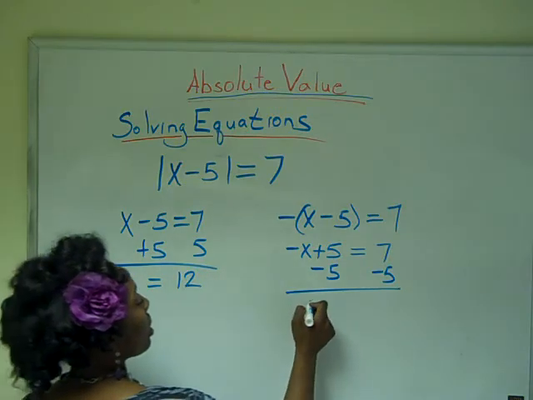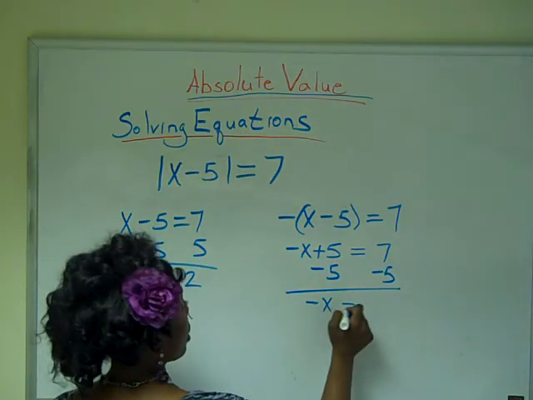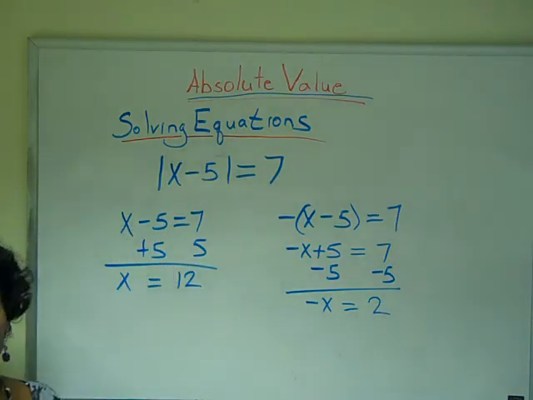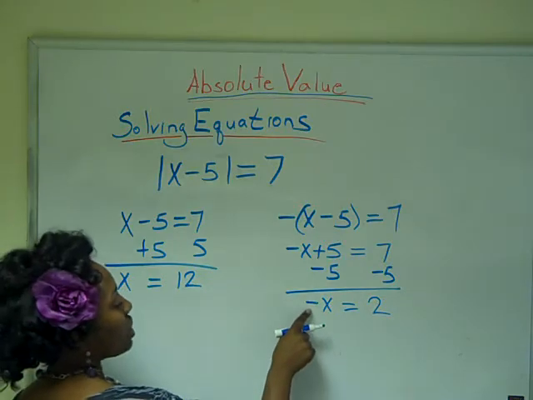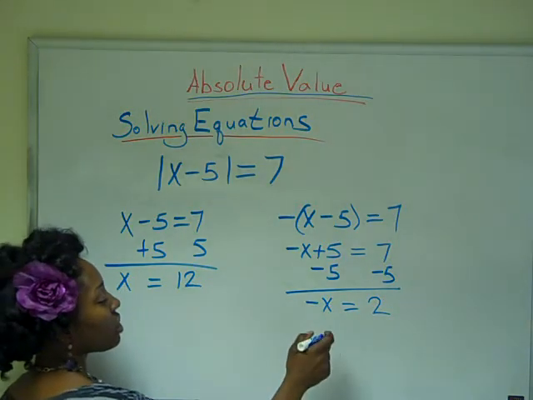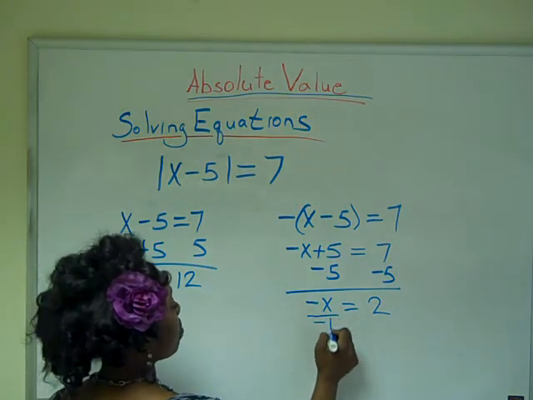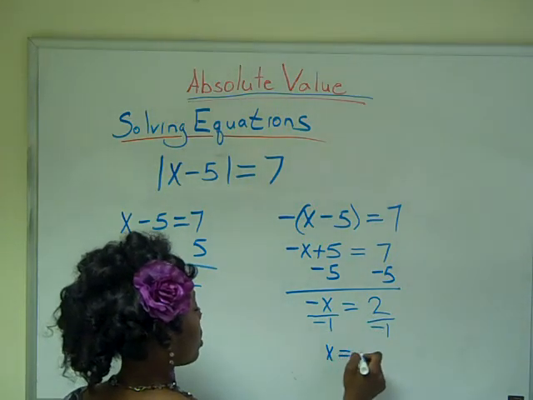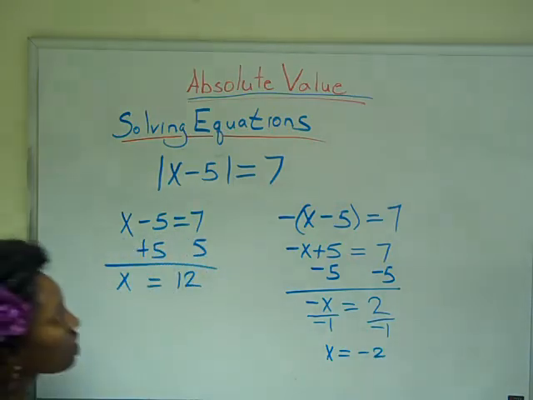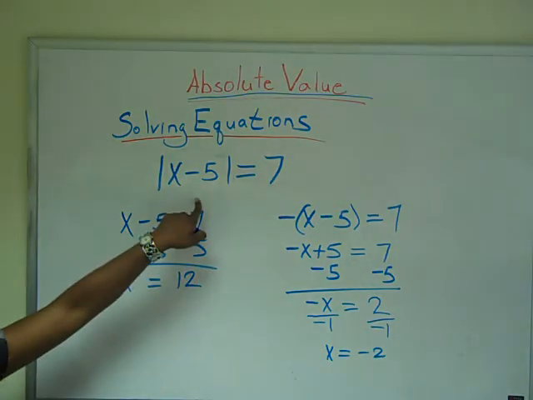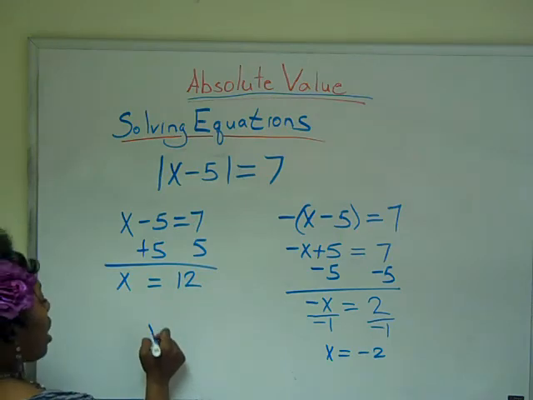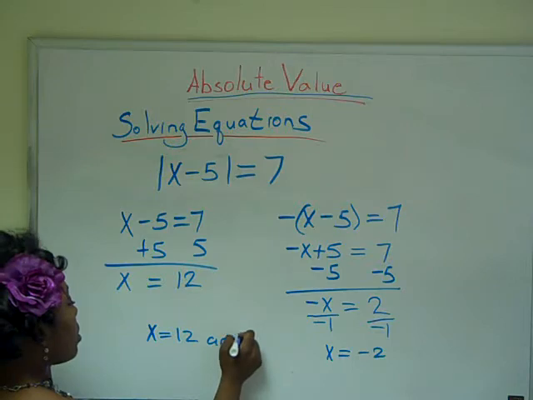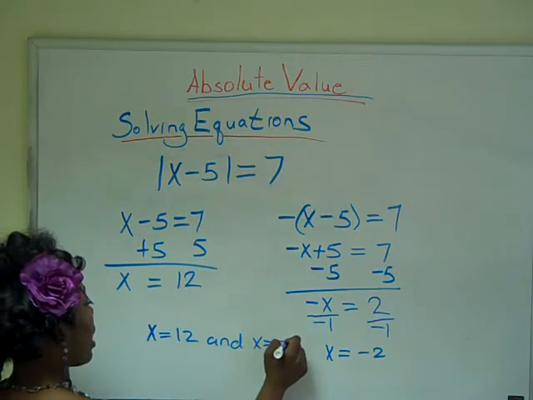Add down and we get negative x equals 2. We're not done yet. We still have this negative on the outside of the x. So we can divide both sides by -1 and get x equals -2. So our solutions to this equation are x equals 12 and x equals -2.